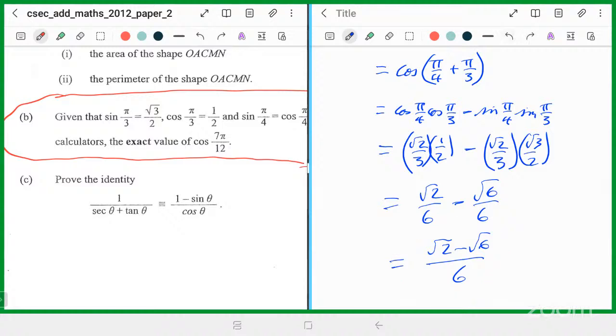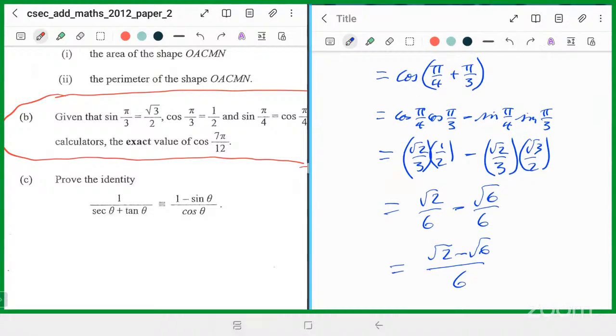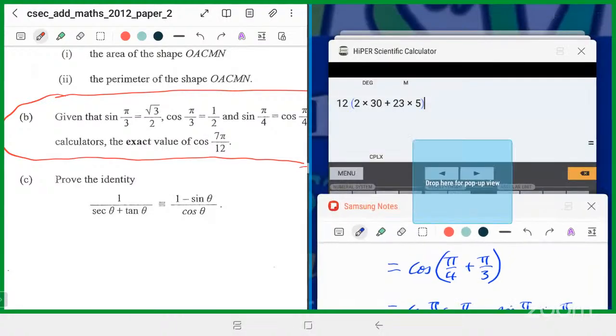Let's check on the calculator if this is correct. Let's see what the calculator would give us.